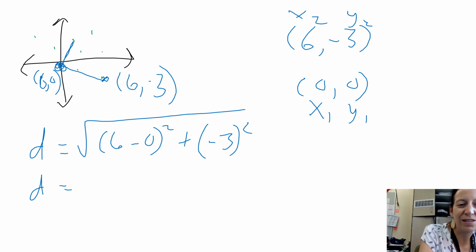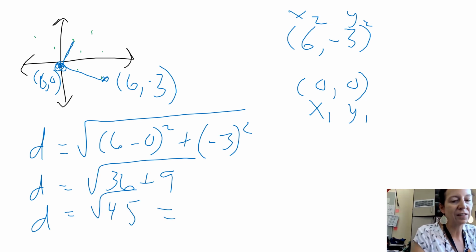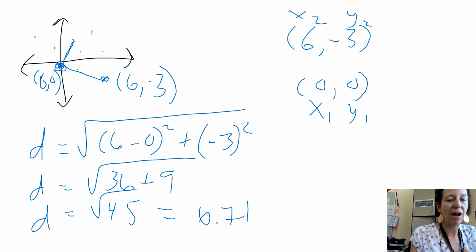So this is just 6 squared, which is 36, plus 9, which is the square root of 45. And then for your purposes, you really want the decimal, which I think for a lot of you is probably going to be a relief because you really don't want to simplify the radical anyway. And then make sure you round correctly.